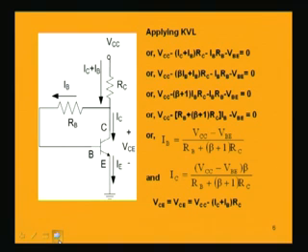In order to know the base current, we have to follow the travel from VCC through RB through base to ground, apply Kirchhoff's voltage law.